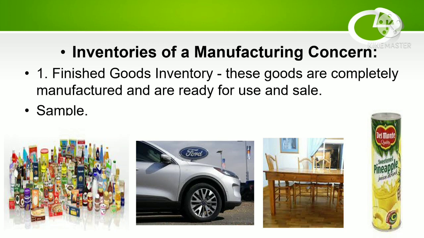Both units and cost are transferred from one manufacturing department to another. Separate departmental work in process accounts are used to charge each department for the materials, labor, and factory overhead used to complete its share of manufacturing process.